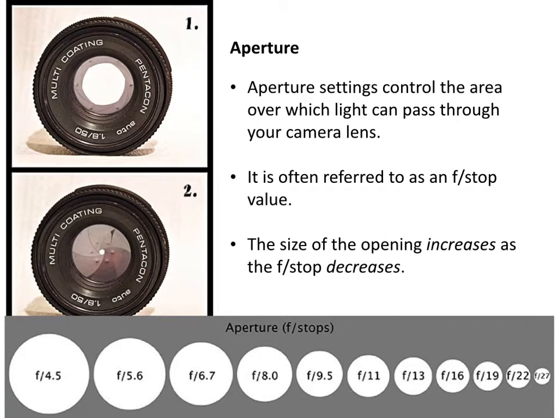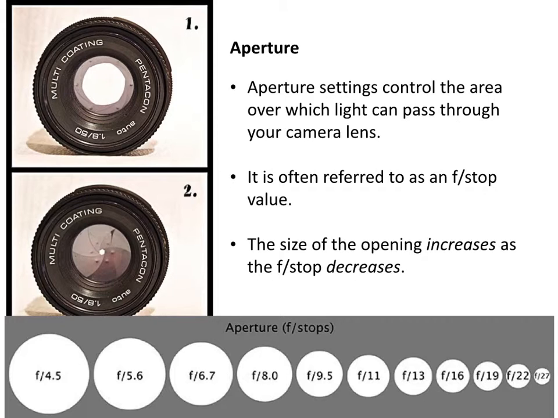Let's start with aperture. A camera's aperture is basically a hole that lets light through your lens and into the camera. Early cameras literally were comprised of a box with a small hole in. With the development of photography, the aperture became adjustable.